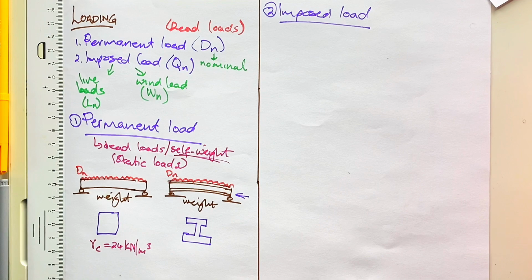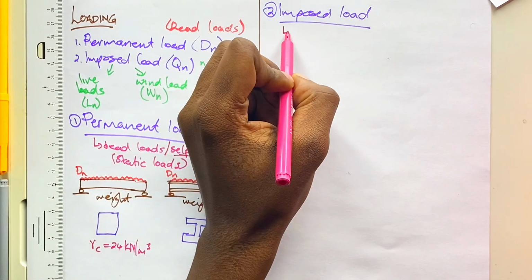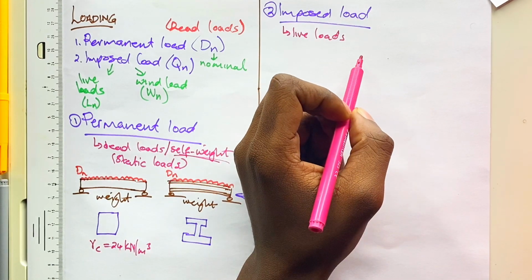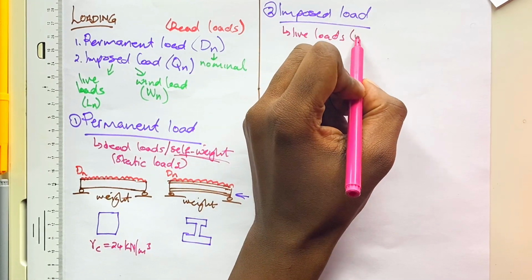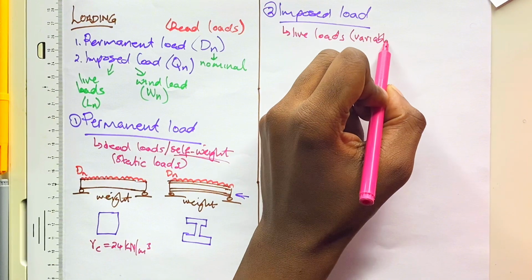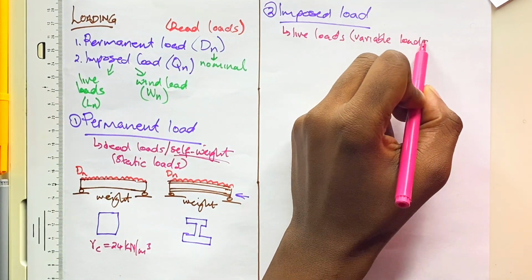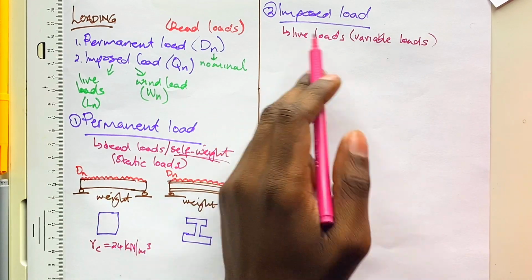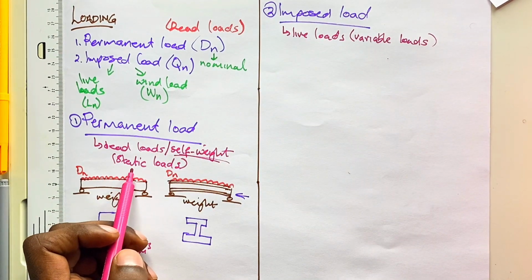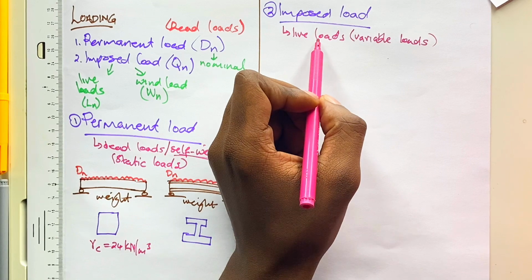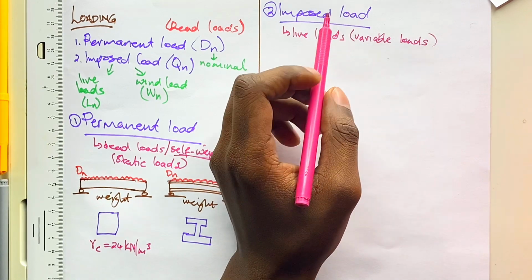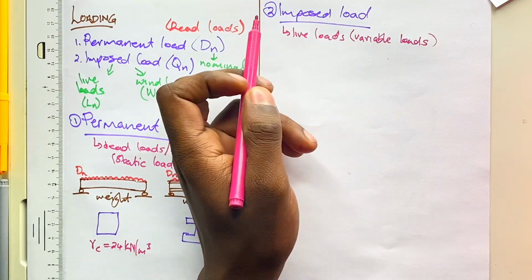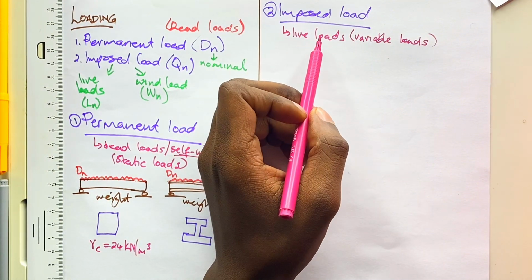Now, with imposed loads, they are also called the live loads. You can also call them the variable loads. You can say dead loads are static loads, and live loads are variable loads. Now, these live loads are the transient forces that structures experience due to the presence of people, furniture, equipment, and other movable elements.